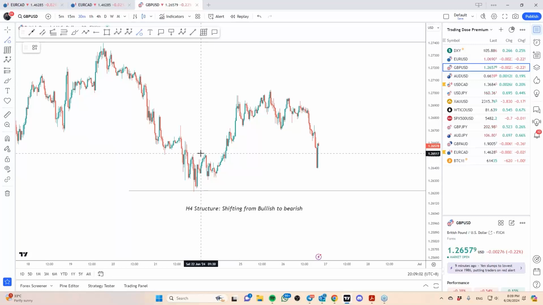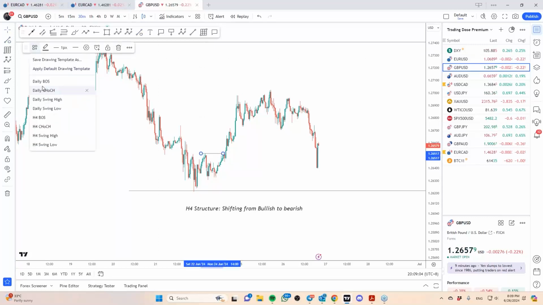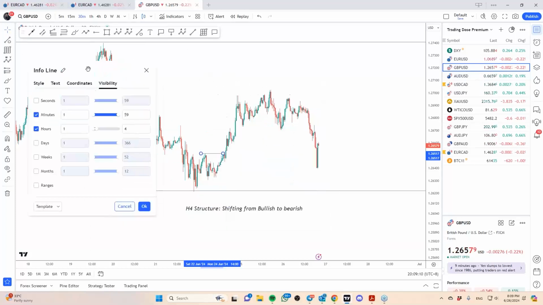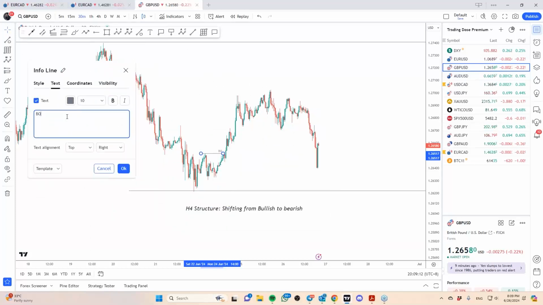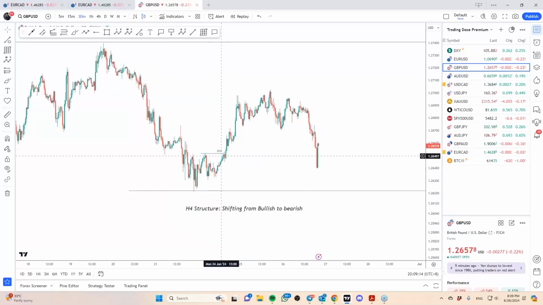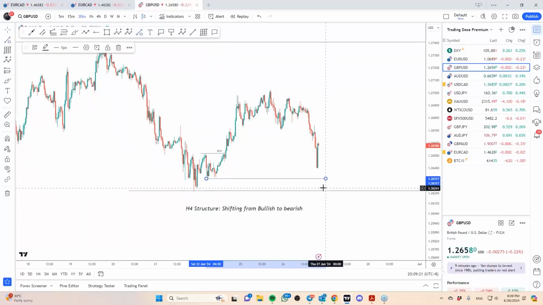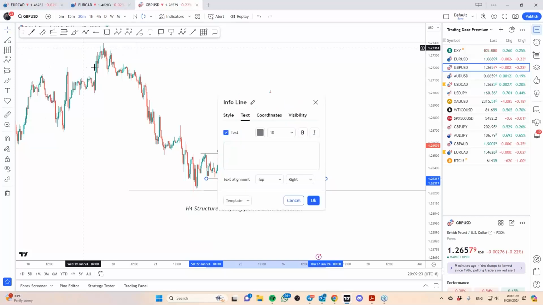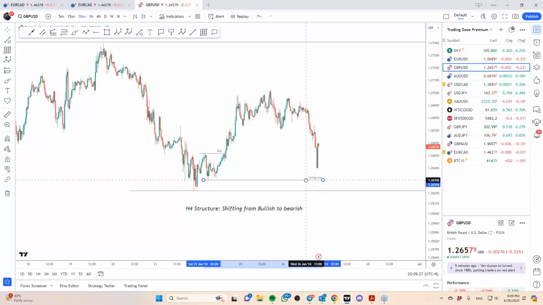let me draw it up. So this one here on the M30, that's considered, I usually don't work on lower time frame. So let me just put this here. That's your breakout structure. If that's going to be your breakout structure, where is your swing low? This will be a swing low on the M30.